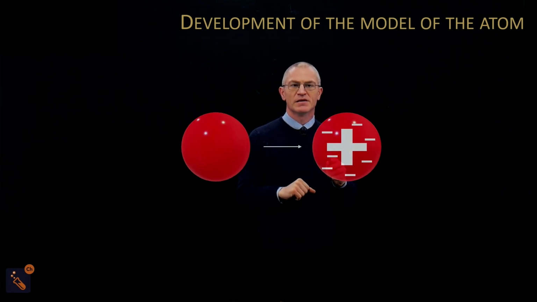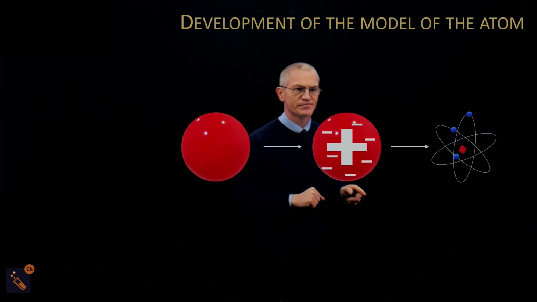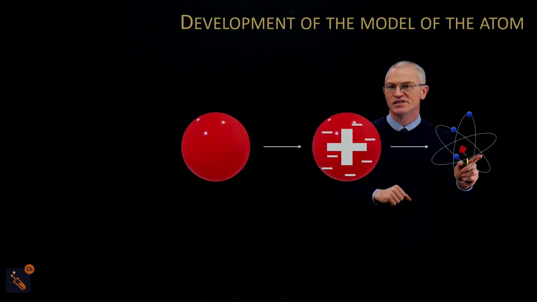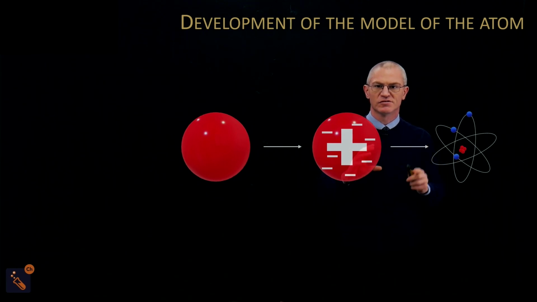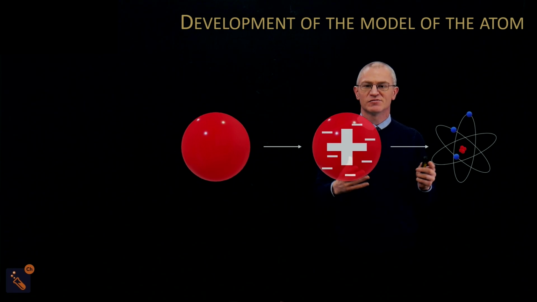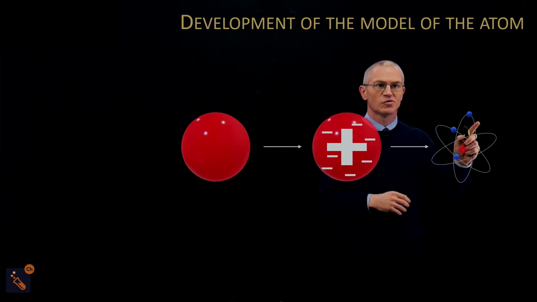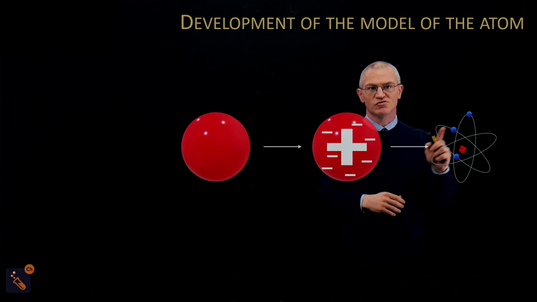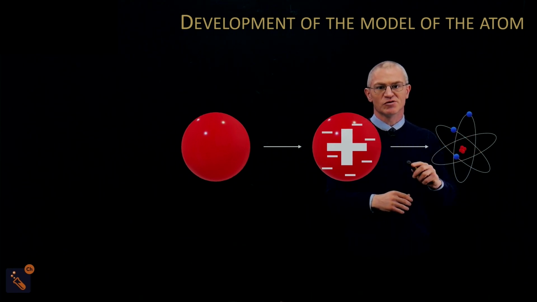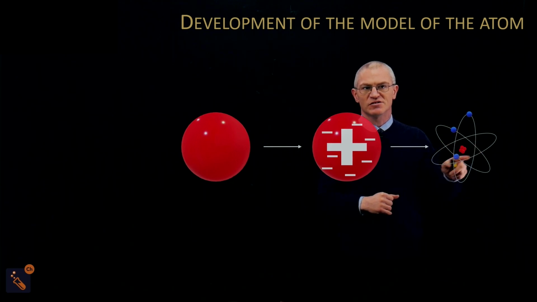Now we then go to Rutherford, as the result of the helium nuclei gold foil experiment. Again, I'm not talking too much about the tests because the tests aren't really assessed, but I'm looking at the models, and it's much easier to draw out the models. So if you're revising, I would draw out the models. It really helps. If you look here, lots of empty space, a very densely packed positive nucleus, and these electrons go around the outside.